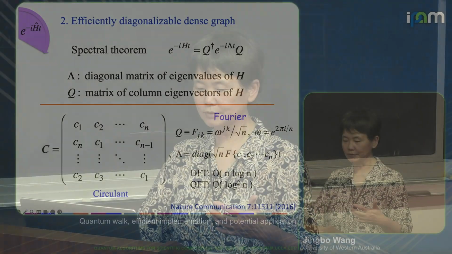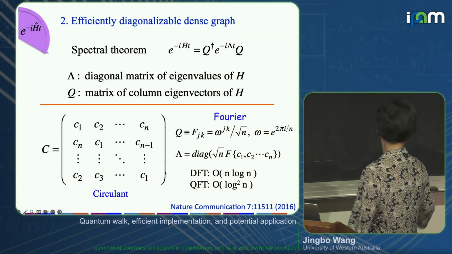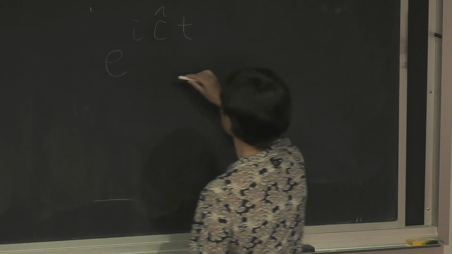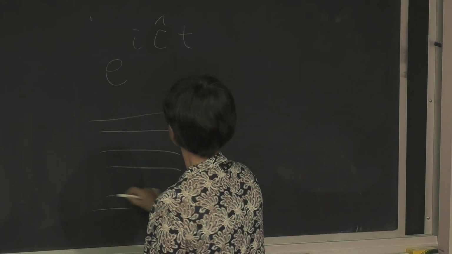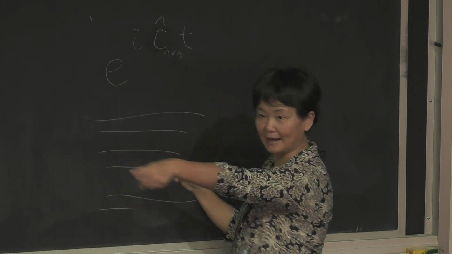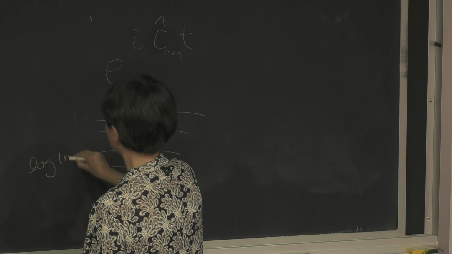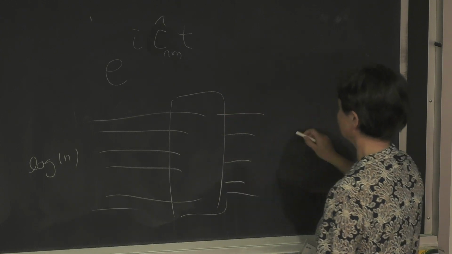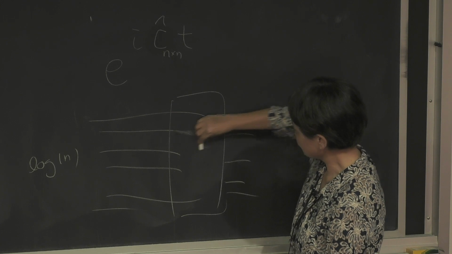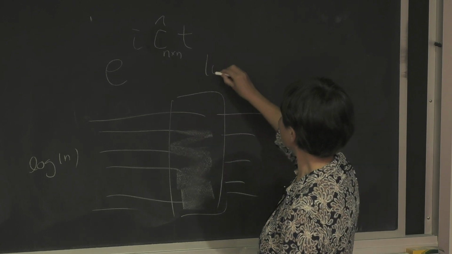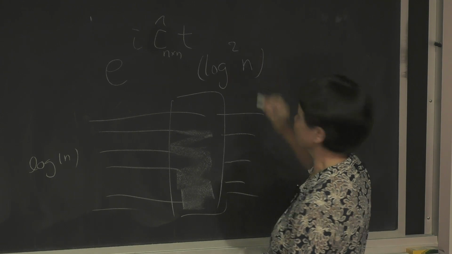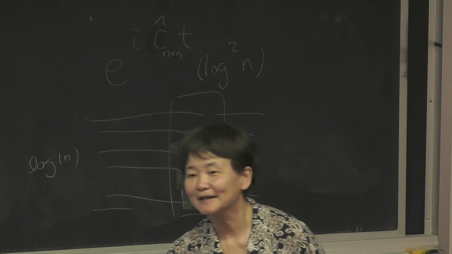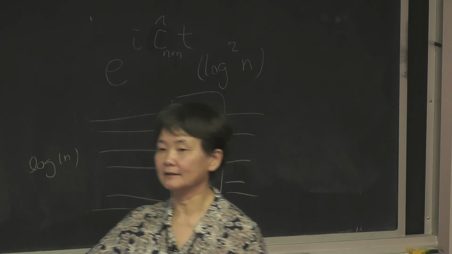What I meant is, if you want to do this, now this is C, and this is n by n in my notation, and then you would have log n number of qubits. So this is a big block coming out here, that's the wave function, and this requires log n squared steps, the depth of the circuit. Yes, circuit depth. It's good to at least say what we're talking about, right?